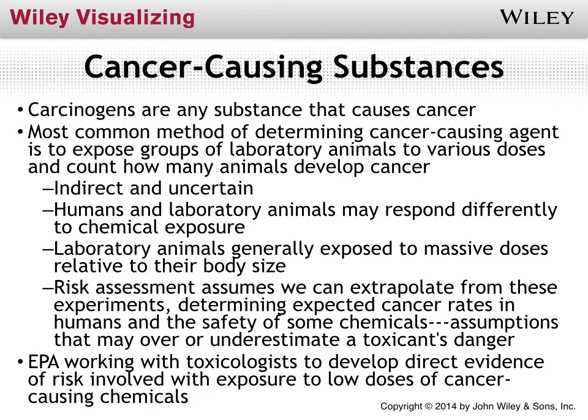So how do we determine something is carcinogenic? The most common way is exposing a group of laboratory animals to various doses of this potential carcinogen and simply counting how many animals develop that cancer. Again, there's a lot of uncertainty about this because not every animal is going to respond the exact same way that a human body would, and so it's pretty much still a guess.